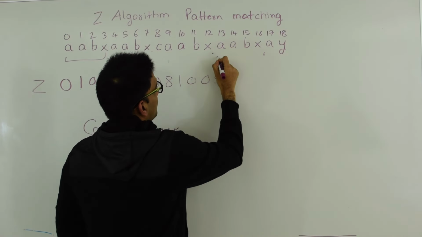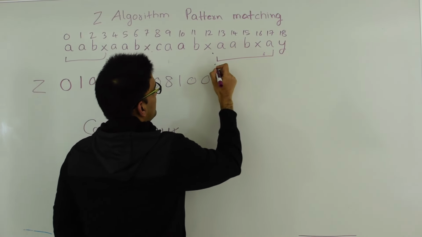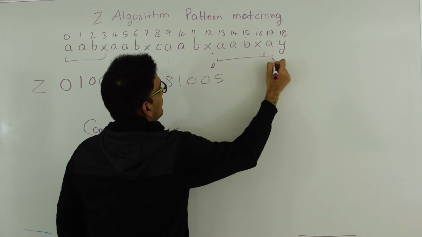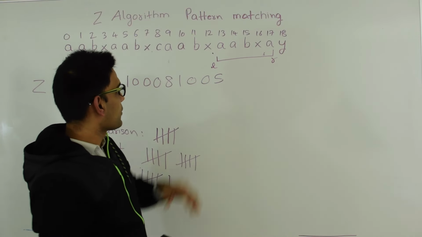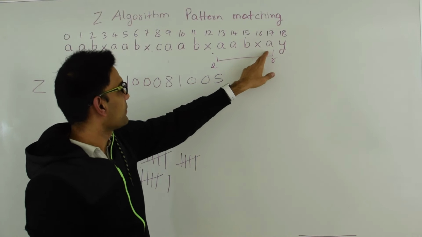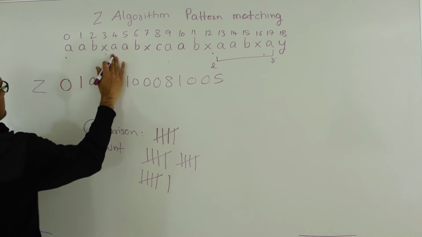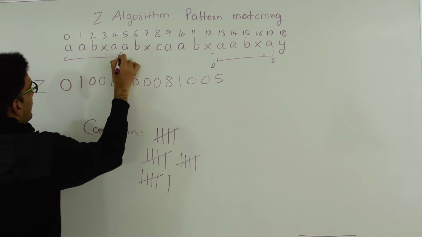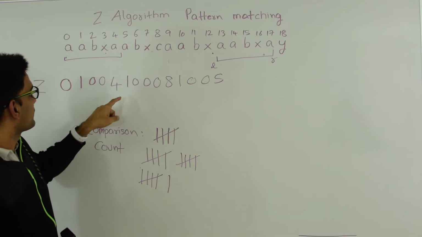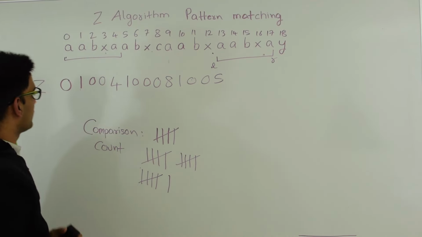So now my Z box is here to here. Now in this Z box, our aim is to do as few comparisons as possible. So this 5 must be same as this 5, and we have already done the calculation for this 5, so let's try to use them here.